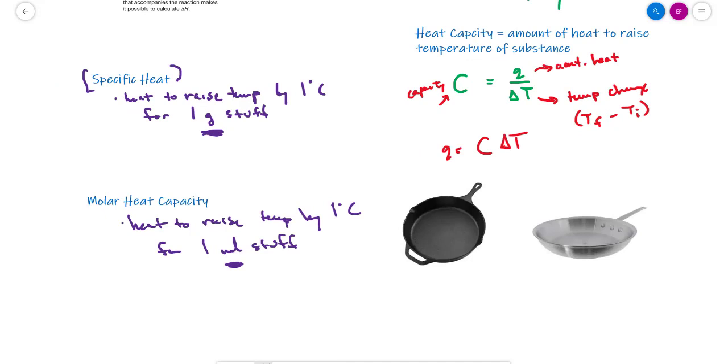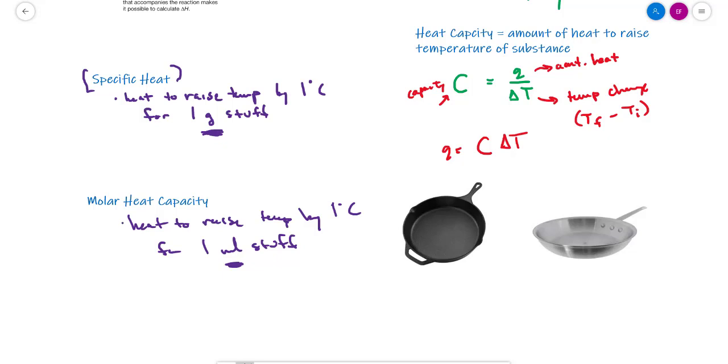I think heat capacity is actually a pretty intuitive concept for most of you. I like to use the example of cookware. Whether you've cooked with these things or not, I think you can think intuitively about the amount of heat these things can absorb or how much heat is required to get them to heat up. If you have a really heavy-duty cast iron pan, if you've ever held one of these, they're 5 to 10 pounds.